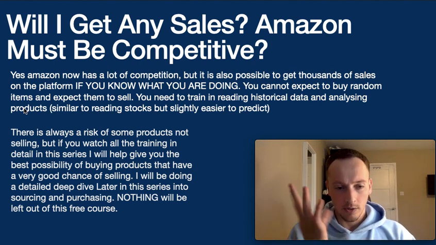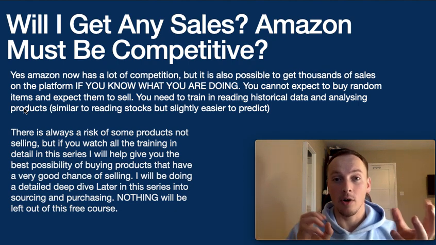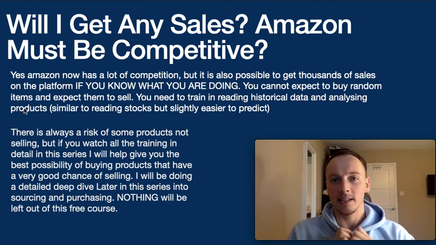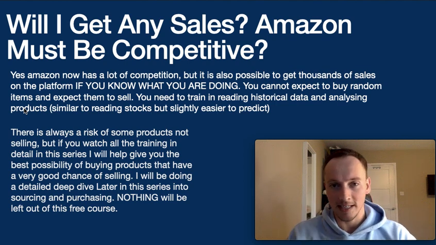So your job is to assess the competition, the selling price, the consistency of the price, the consistency of the sales rank, and how many sales you're going to be getting. That, as well as a few other things, is going to calculate your buying decision, and then you choose how many items you're going to buy after that. And once again, I'm going to teach you how to do this, okay?